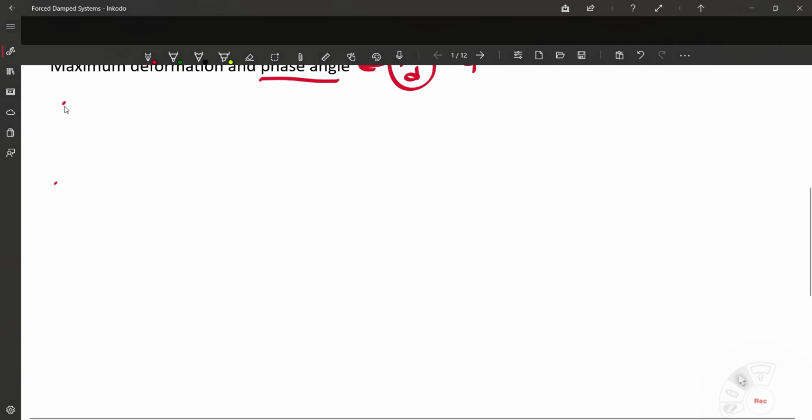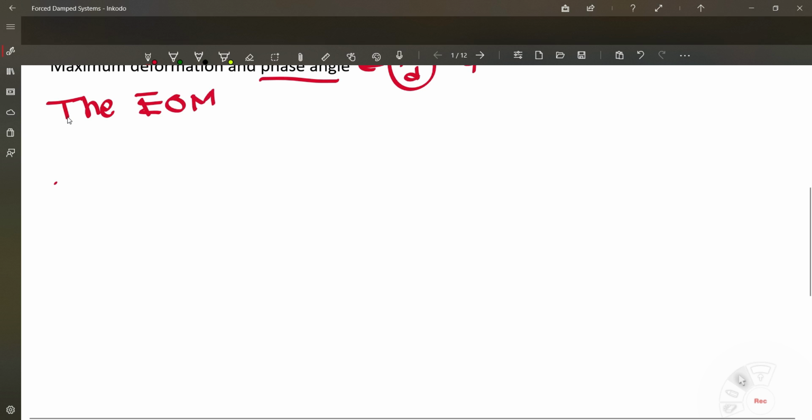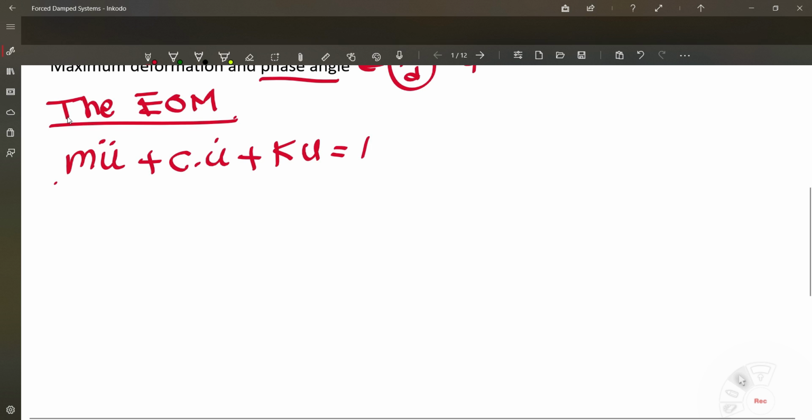So let's start with the equation of motion. In our equation of motion, we are going to put the general equation of motion that we usually use: m u double dot plus c u dot plus k u equals p node sine omega bar t.